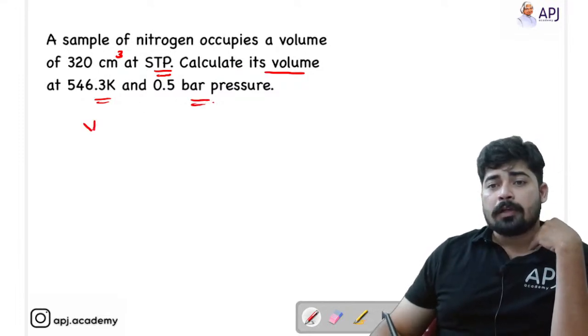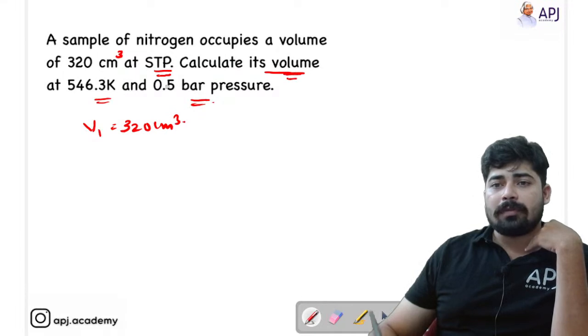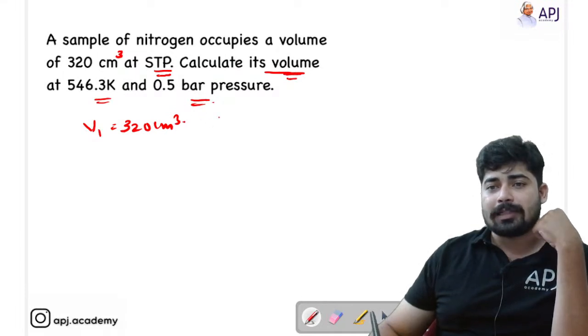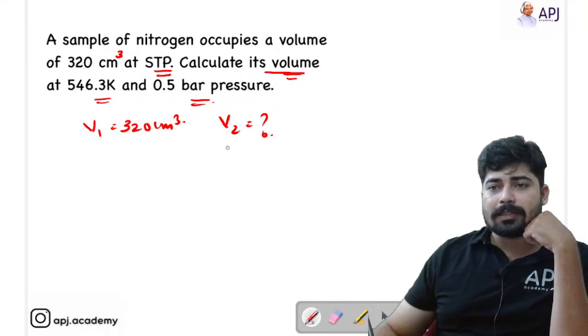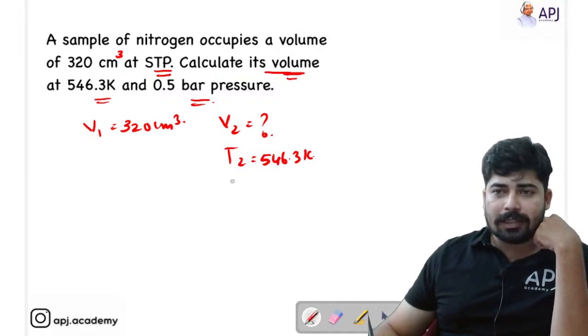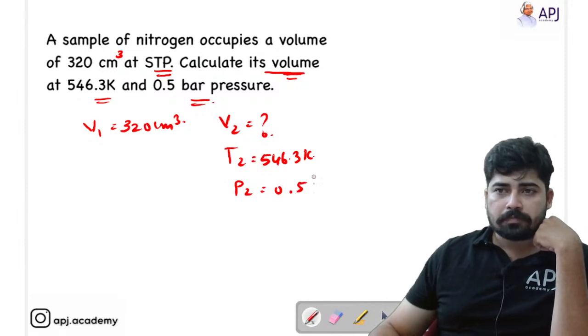So here V1 is given as 320 centimeter cube. We have to find the volume at 546.3 Kelvin, that is, we have to find V2. So for V2, the temperature T2 is 546.3 Kelvin, and correspondingly the pressure P2 is equal to 0.5 bar.